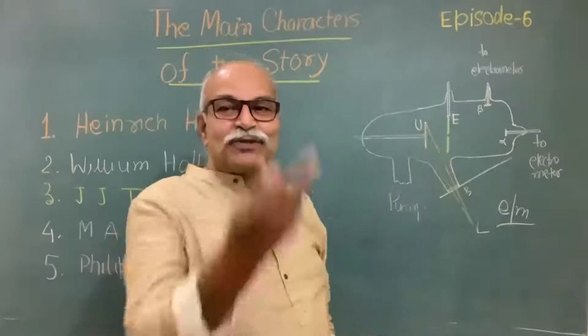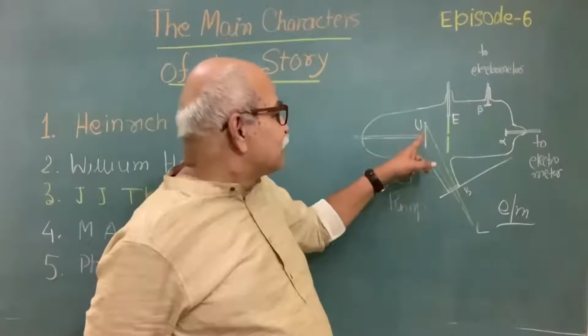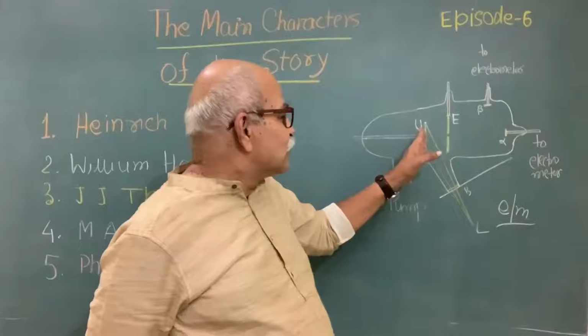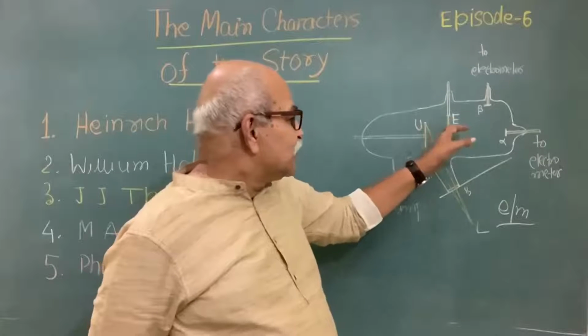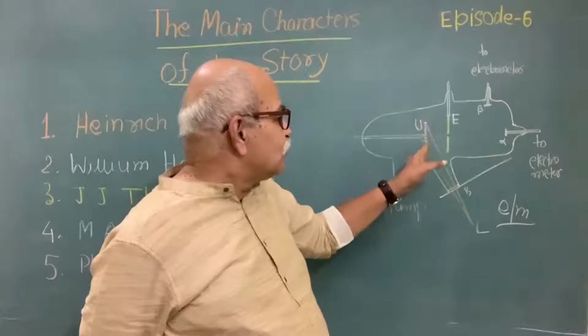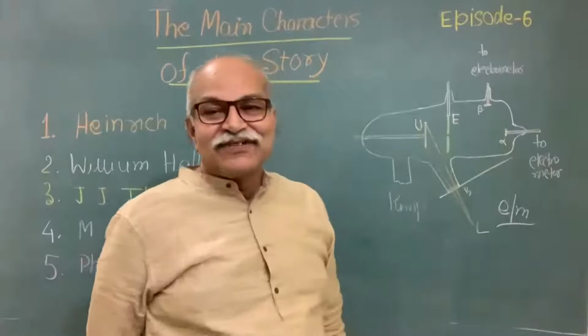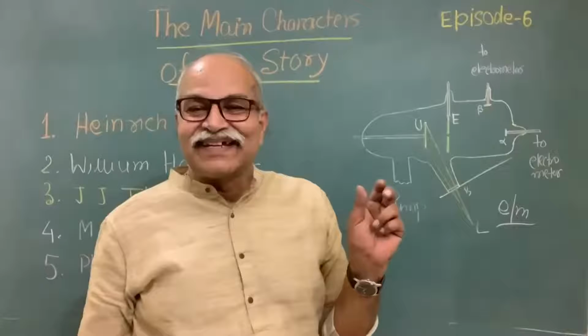Just like if you throw something up, and because of gravity it comes back. Similarly, from here the cathode rays are ejected, but then because of this negative plate here, they are forced back to go on this U and not reach here. So that was the stopping potential.